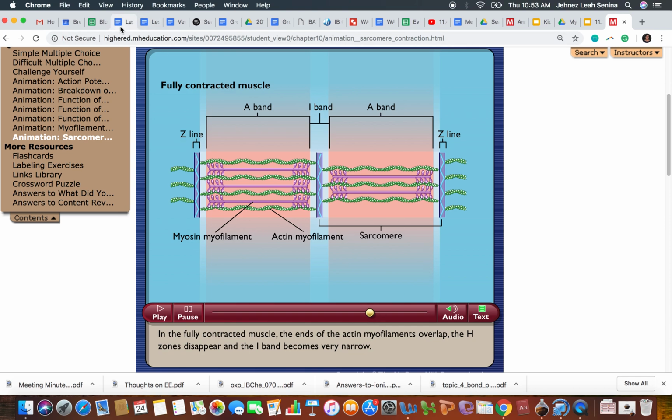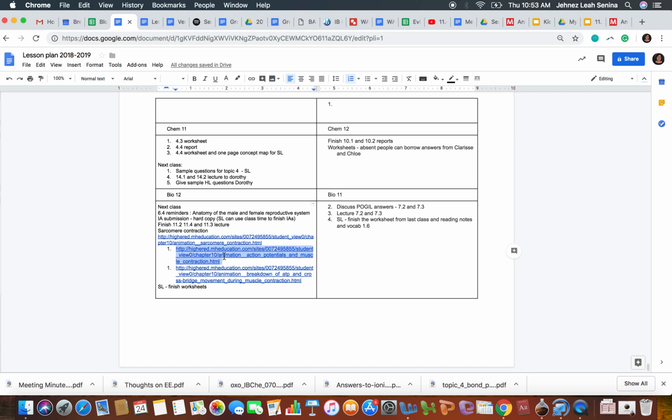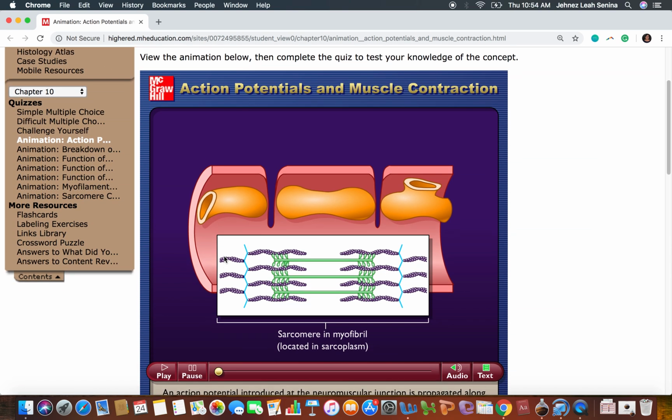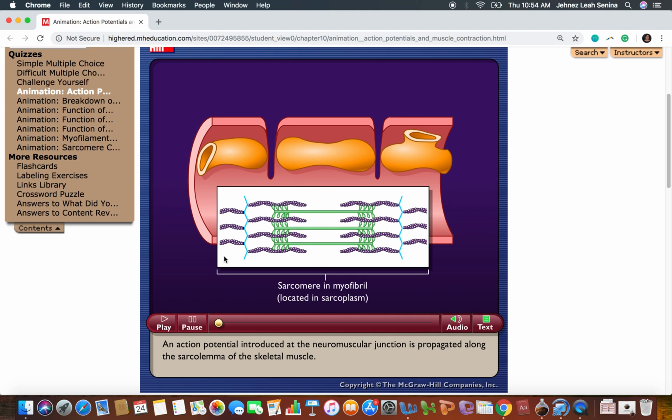Okay, let's look at another animation. So right now, you know the shortening. But the question is, what happens before that? Why did the muscle shorten? So here's the explanation.